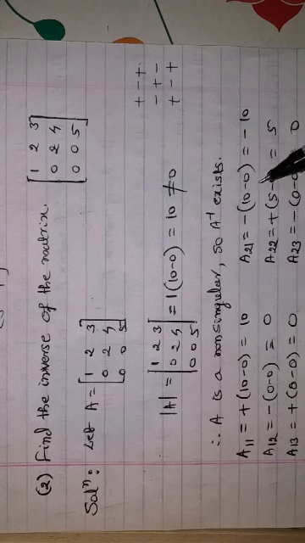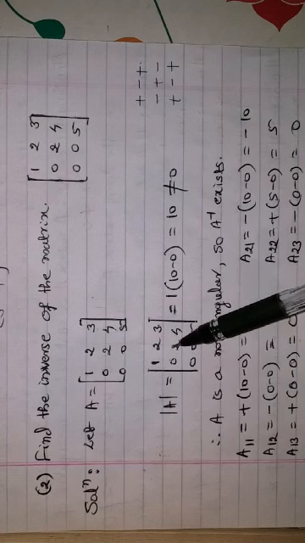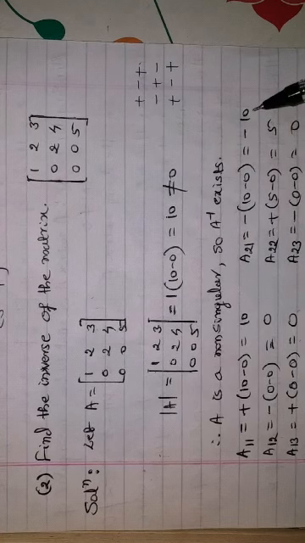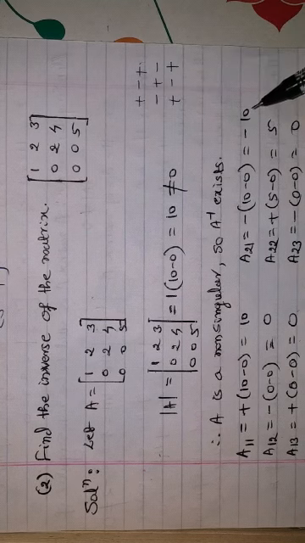Then A21 also like this. You find the A21 value: you leave this row and this column, 2 5s are 10, minus 0, which gives minus 0, because the A21 sign is minus.